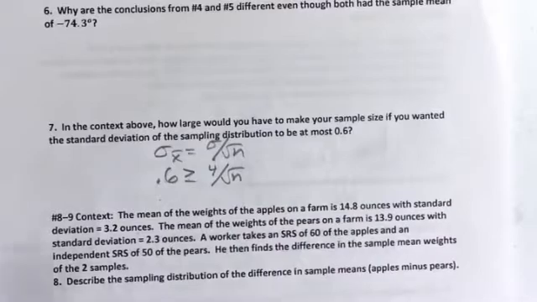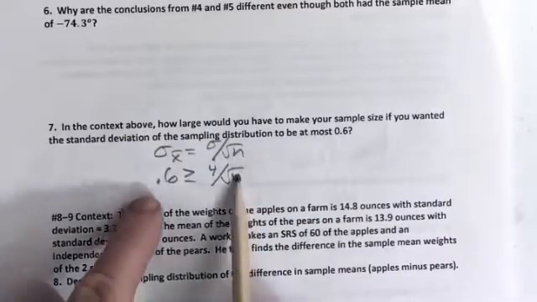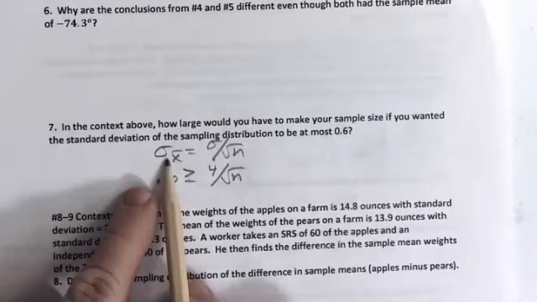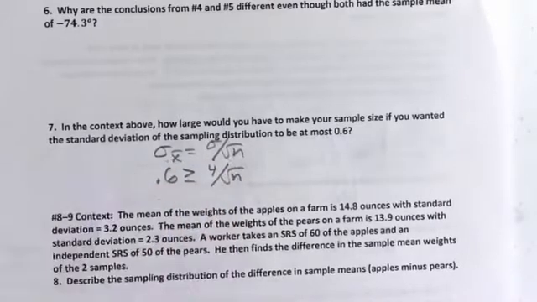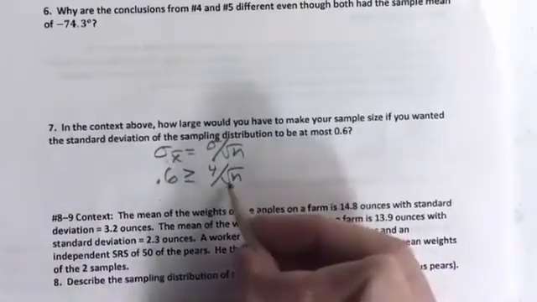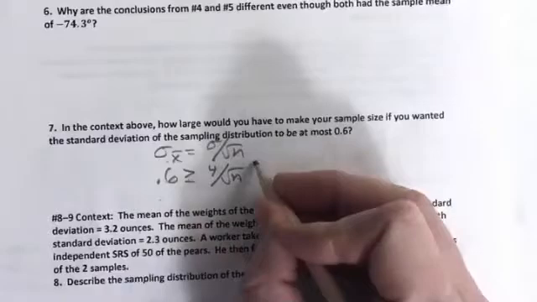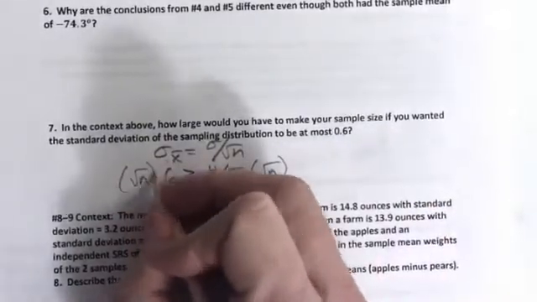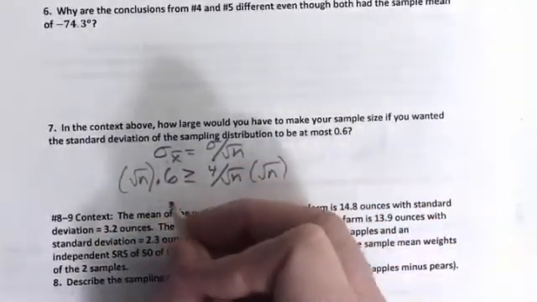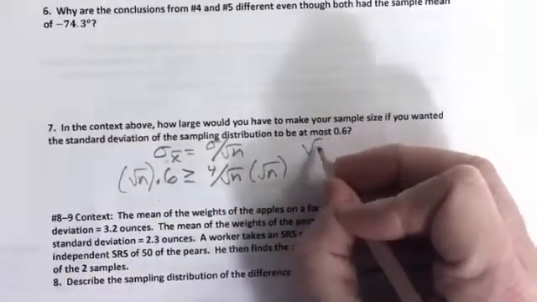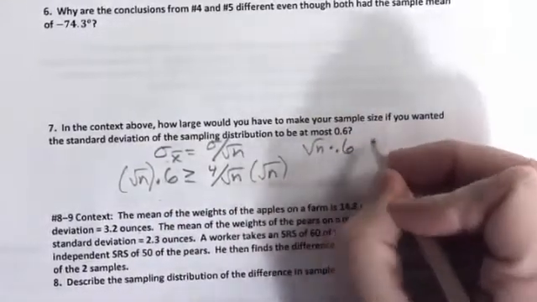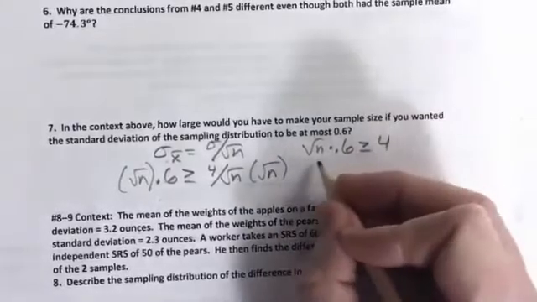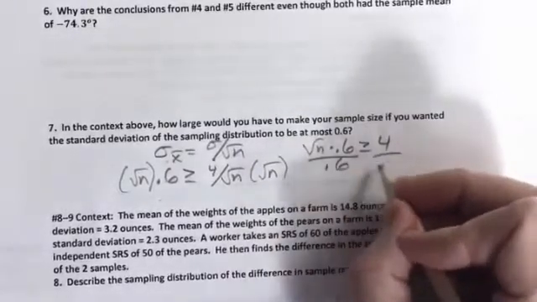There's an inverse relationship between our sample size and the standard deviation of our sampling distribution, and it's inversely related by the square root. So anyway, I'll just solve this for the square root of n. I'll multiply both sides by the square root of n, so this would give me that the square root of n times 0.6 is greater than or equal to 4. And so I'll divide both sides by 0.6.